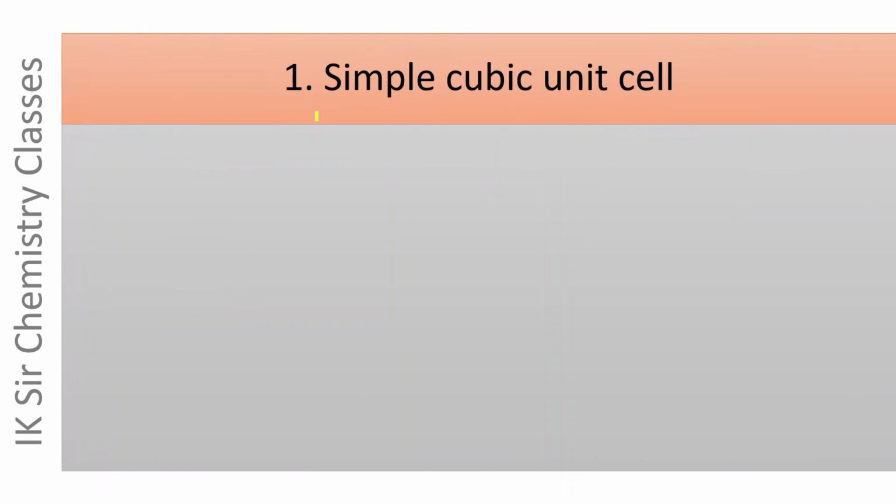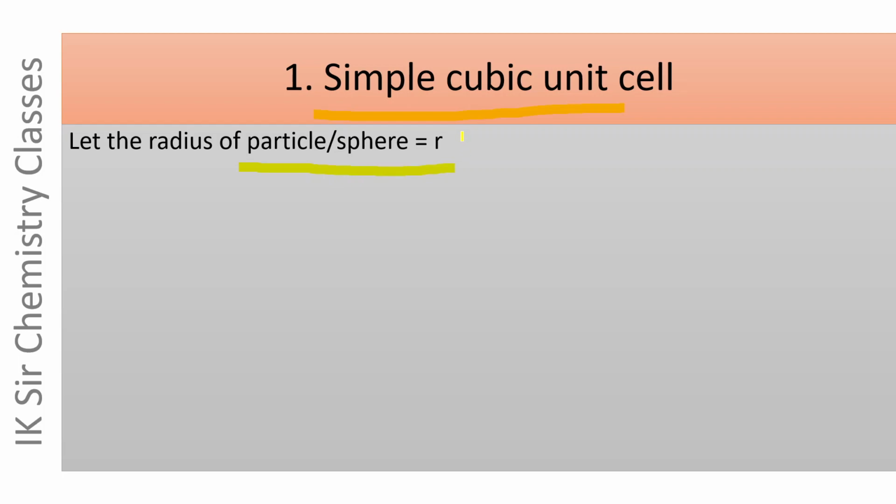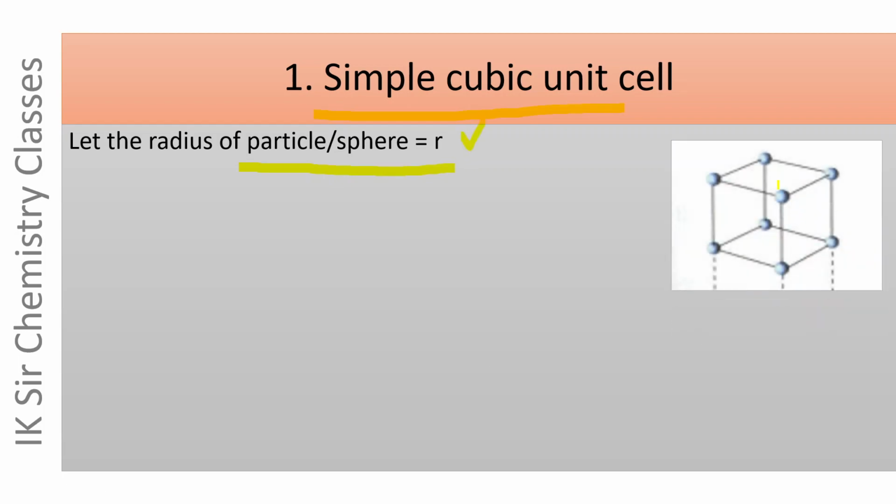Let us consider simple cubic unit cell. Let the radius of particle or a sphere in simple cubic unit cell be r. This is the diagram for simple cubic unit cell in which 8 particles are present at the vertices.